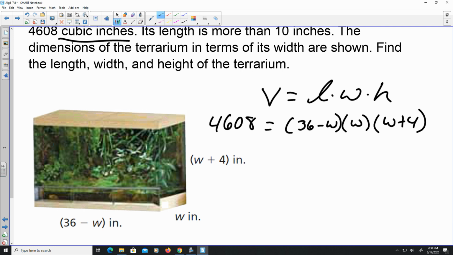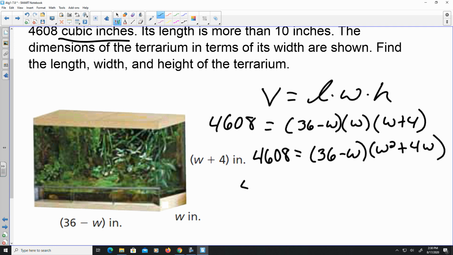let's multiply out our length, width, and height before we set the equation equal to 0, because eventually that's what they're asking us to do. So I got 36 minus W, and I'm just going to distribute the W, so now I have W squared plus 4W.